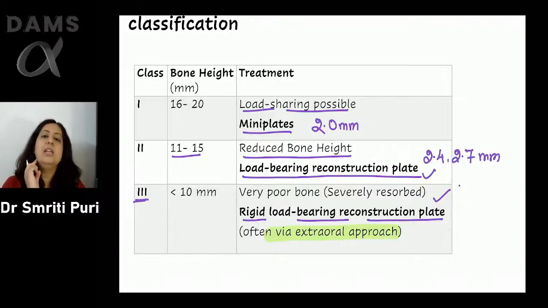And some authors say it is better if we give an extraoral incision here, all right, in the submandibular region, extending across, and this causes less traction injuries, gives better exposure, and our plating is better. So you can do intraoral also, you can do extraoral also. No study has found out that intraoral is better or extraoral is better. It depends on author to author, clinician to clinician.